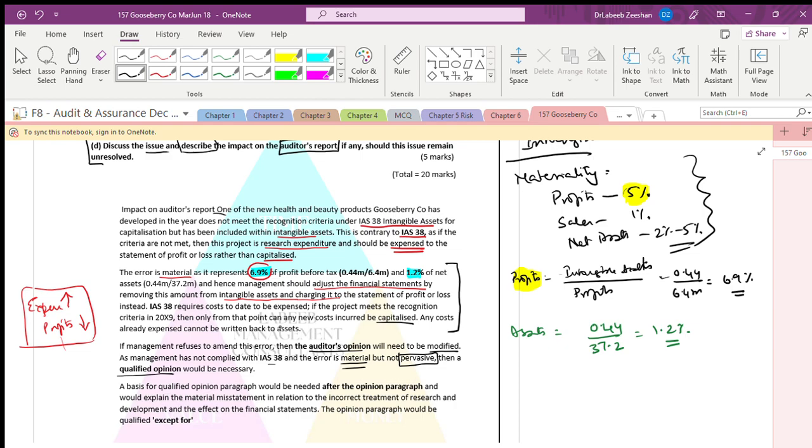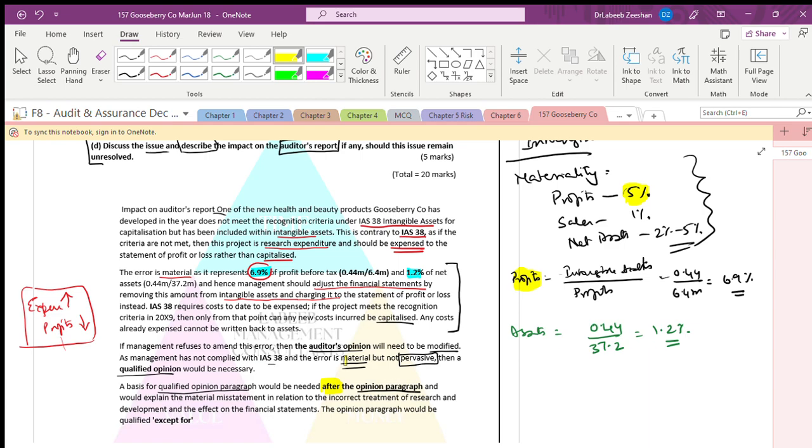How do we present the qualified opinion? A basis for qualified opinion paragraph is needed after the opinion paragraph, not before. It relates to only one type of activity.